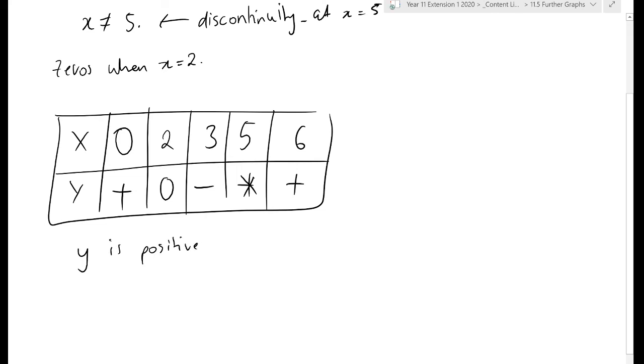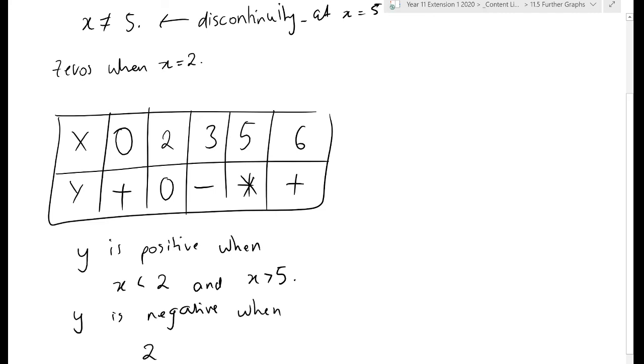So all we need to finish off is just state where y is positive. Y is positive when x is less than 2, not including 2 because it's 0, and also when x is greater than 5. Y is negative when x is between 2 and 5, not including those.